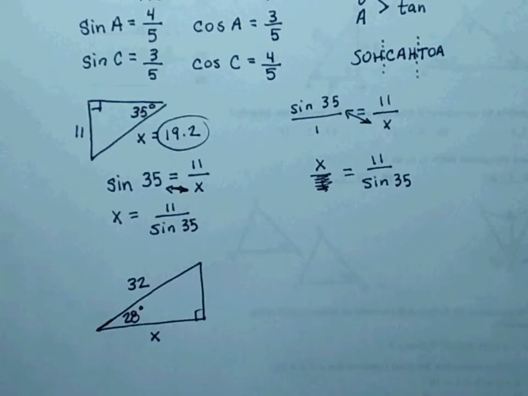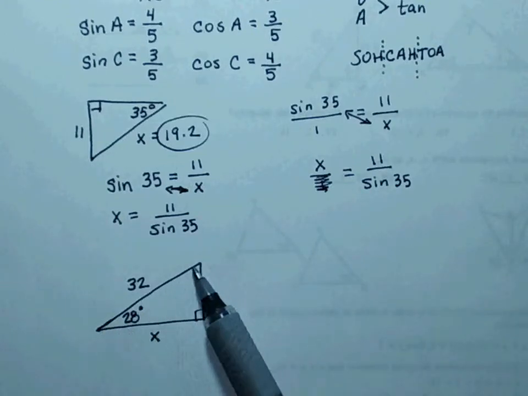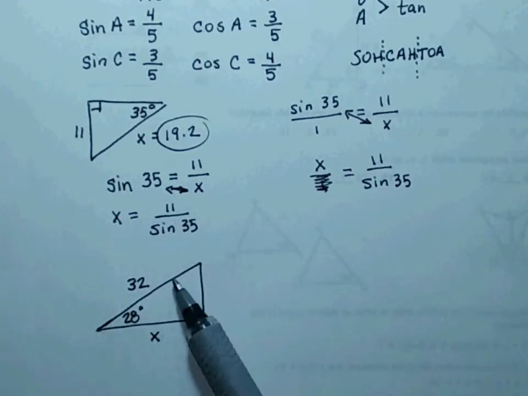So, we've got this angle right here, 28. And remember, the first thing that we need to do is figure out, alright, do I have the opposite side, the adjacent side, the hypotenuse? Which two out of those three do I have? Okay? Well, x would be the adjacent side to our angle. Okay? And 32 would be our hypotenuse.